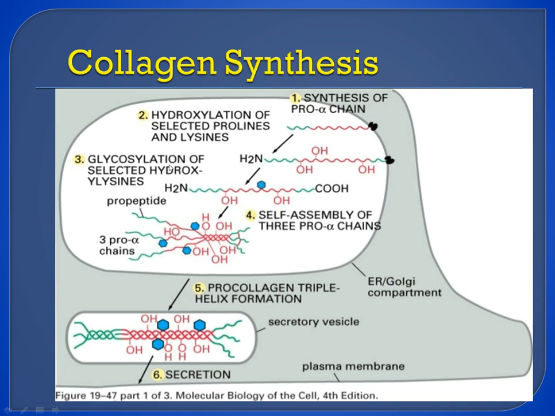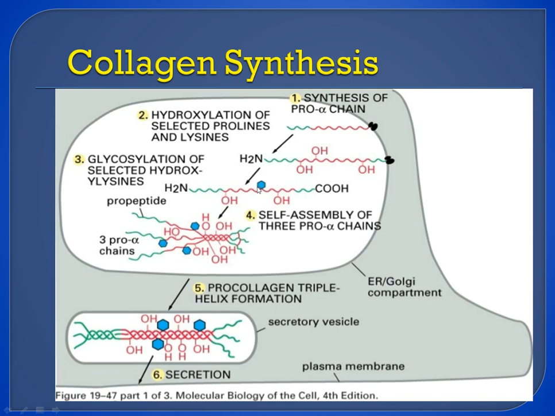Third is glycosylation of selected hydroxylysine. After hydroxylation, the galactose or glucose unit will be attached there. Addition will occur with the help of galactosyl transferase or glucosyl transferase. So you can see here the glucose unit.